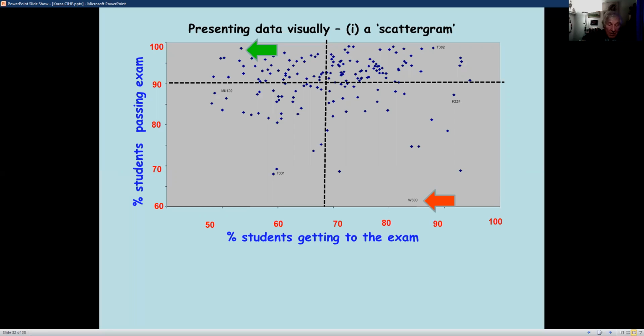This shows exam pass rates on the vertical axis versus getting to the exam rates on the horizontal axis. The dotted lines are the average get and pass rates, and each point represents one of about 150 modules in the UK OU.